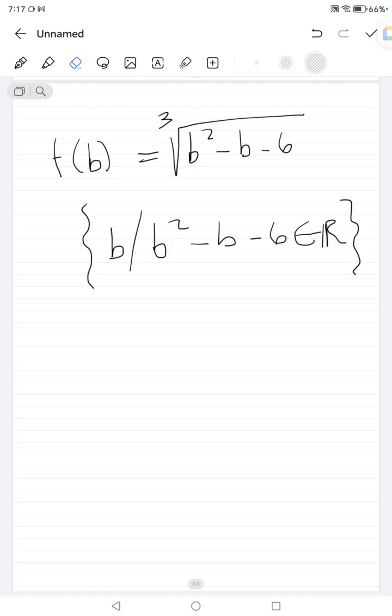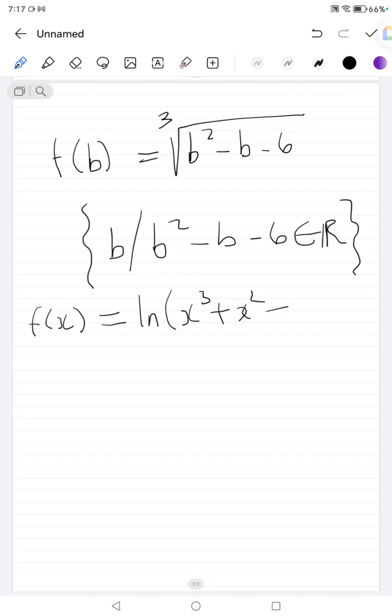They're saying your f of x is equals to your ln of x cubed plus your x squared minus your 2x.